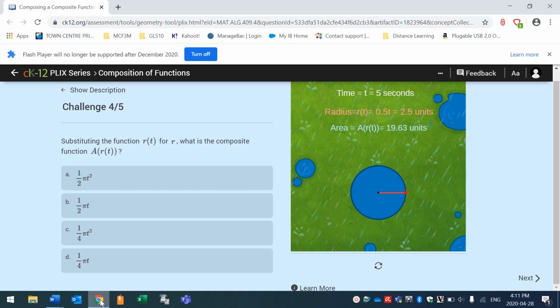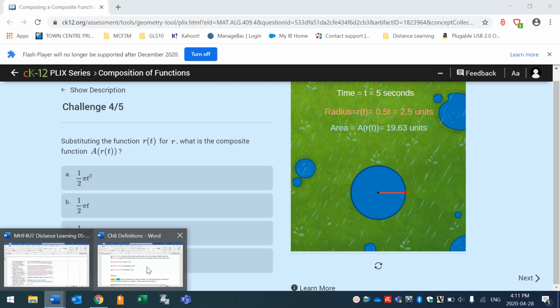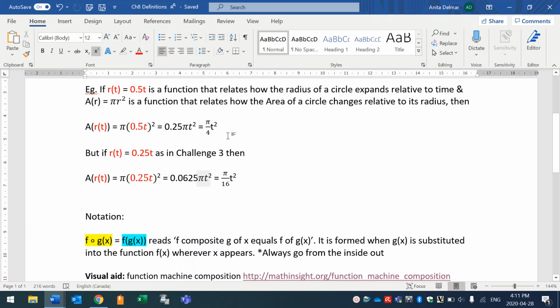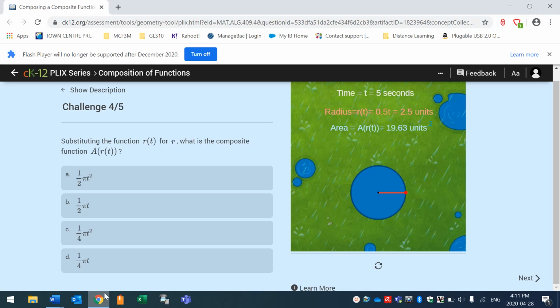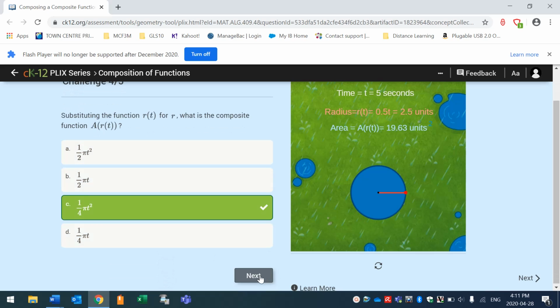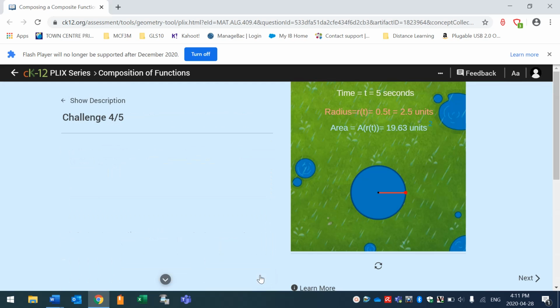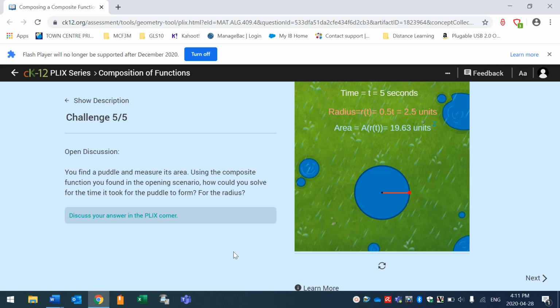I believe we've already done this over here. Let's just go back and have a look. Right, so it came to pi over 4 t squared. So that should be this one here. Yep. All right, last one.